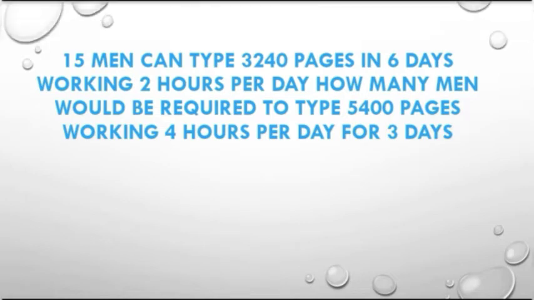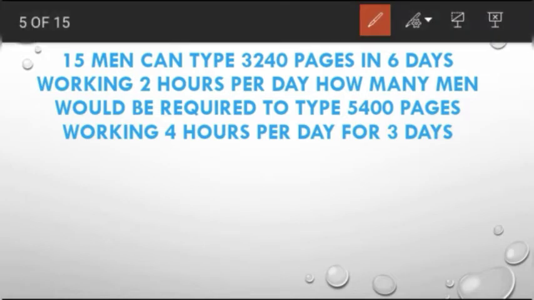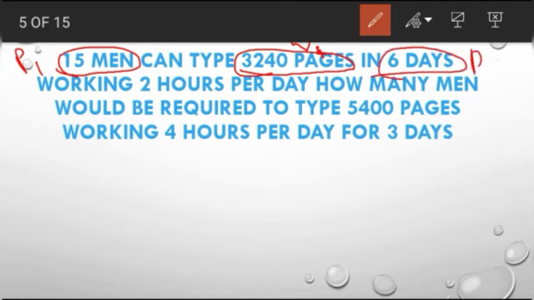Now 15 men means P1, number of persons, and can type 3240 pages, which means W1, work they did. 6 days means D1, and 2 hours means H1 per day.